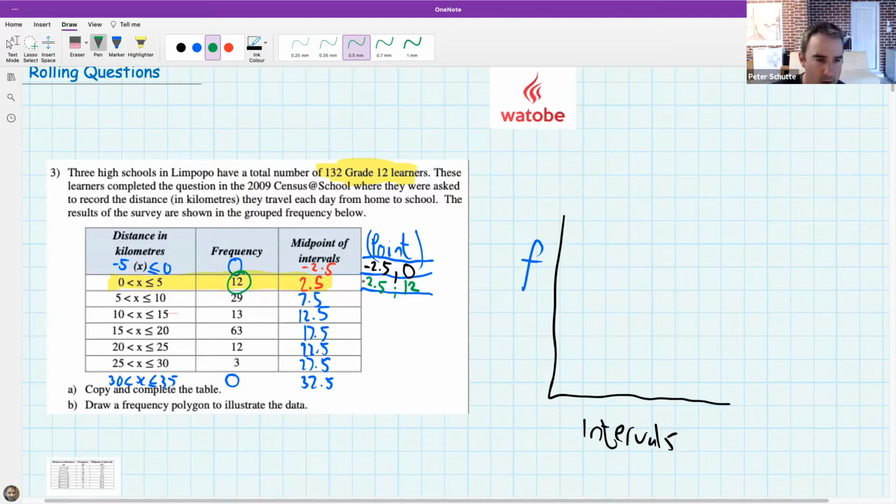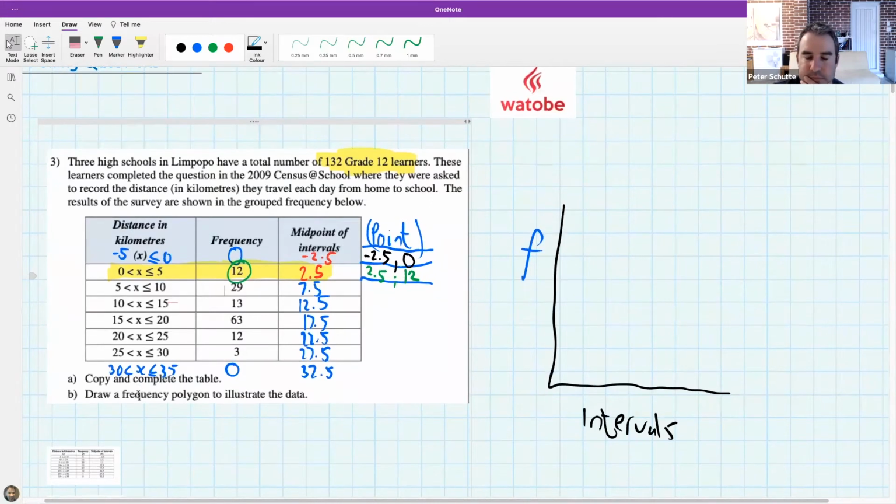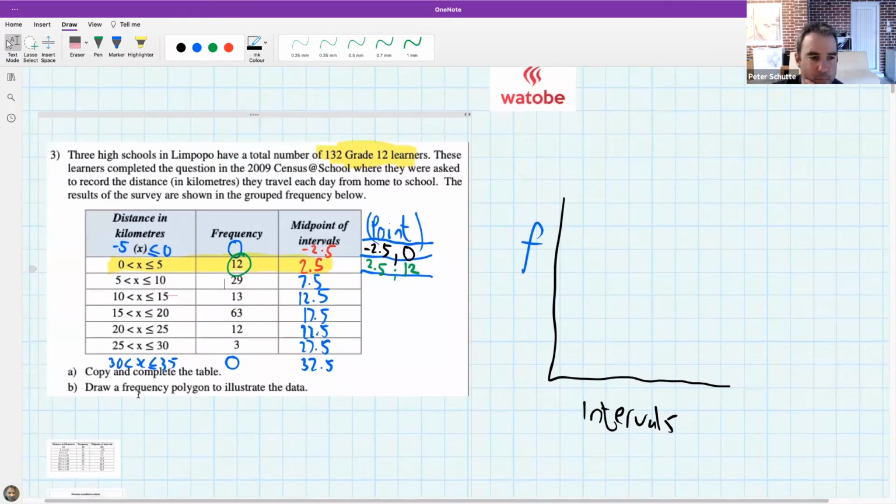Okay. I want everybody else to figure out, I'm going to give you 2 minutes or so, can you figure out the rest of these? And then you can give me some of the points that you get. See if you can see how I'm getting those points.